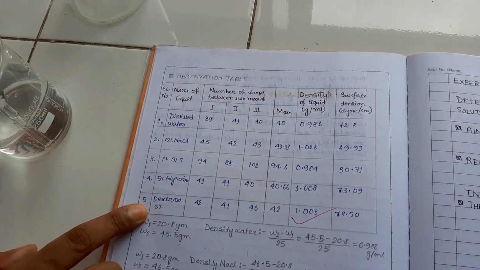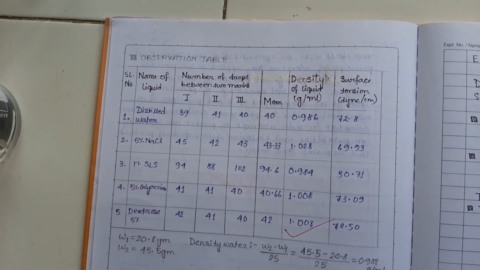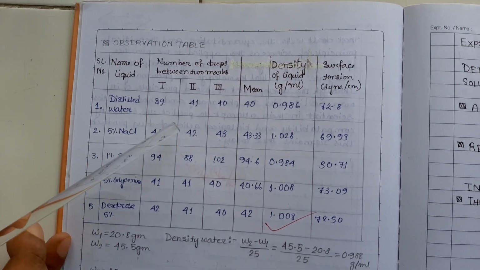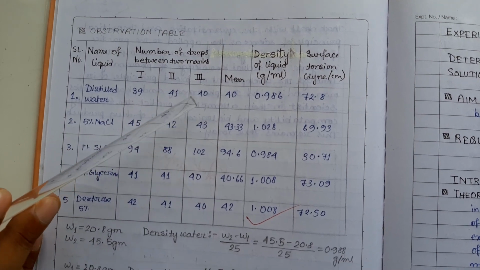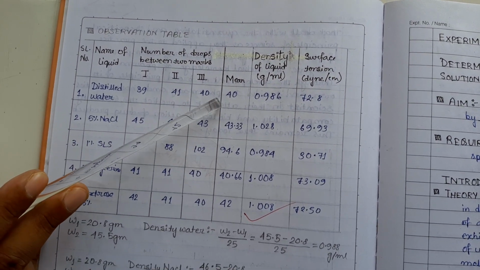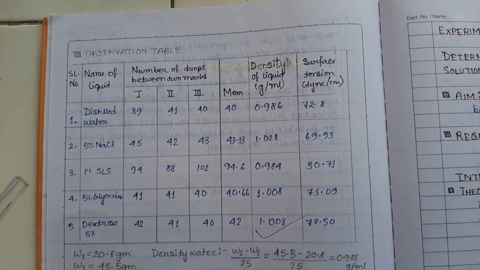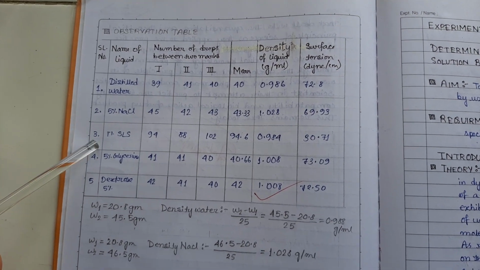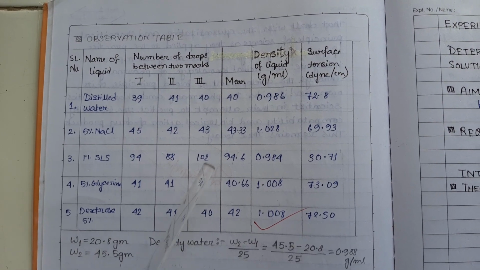Suppose in the case of distilled water, in the first trial we got a total number of drops of 39, in the second trial 41, and in the third trial 40. So you have to take the mean value, that means the average number of drops for distilled water, that is 40 here.